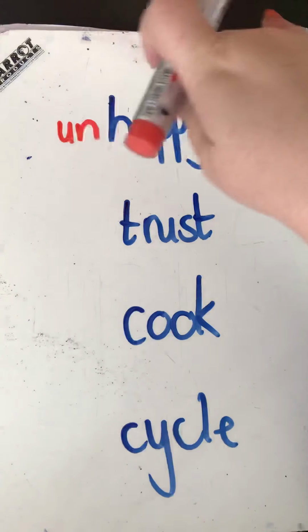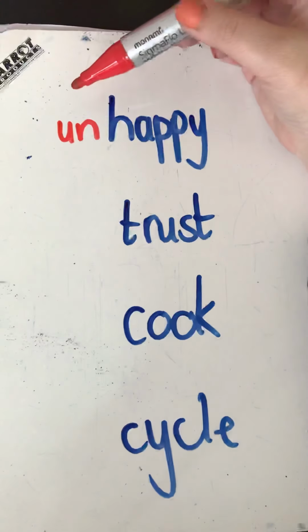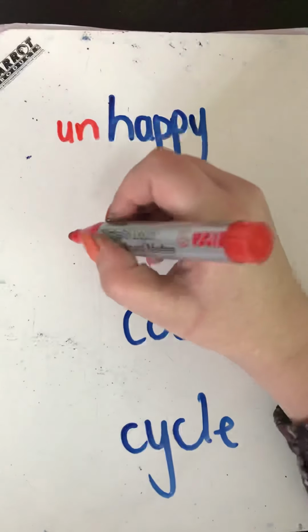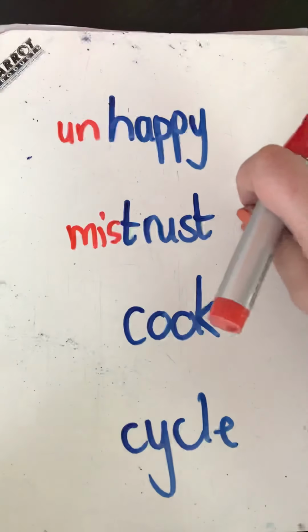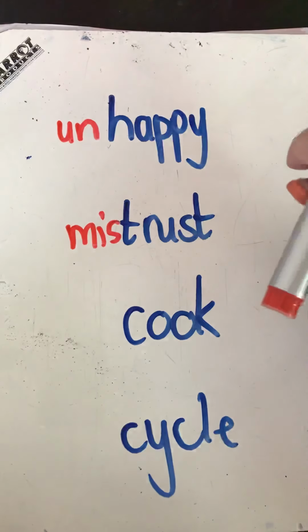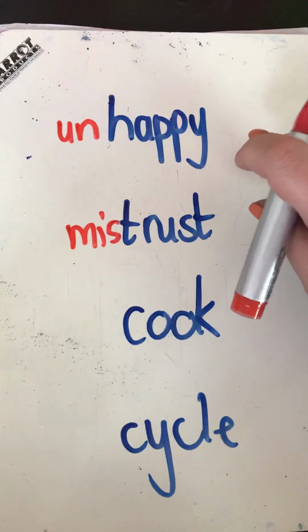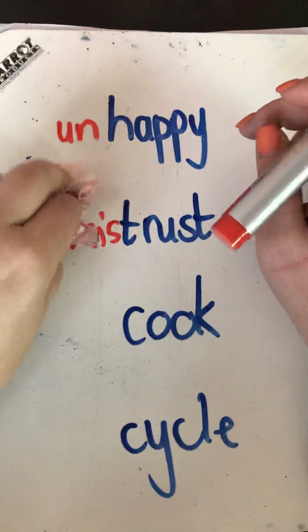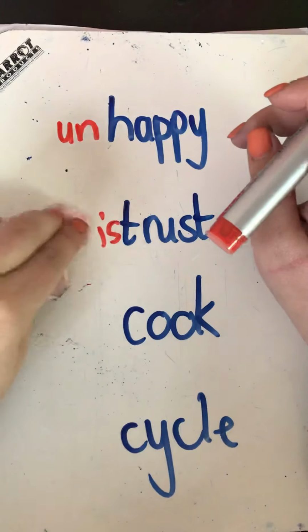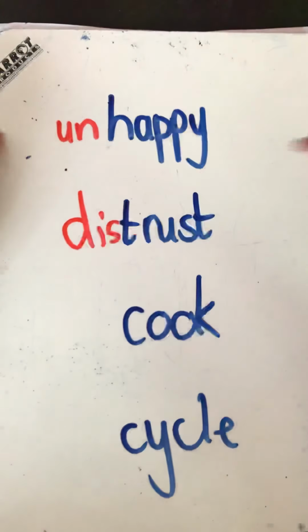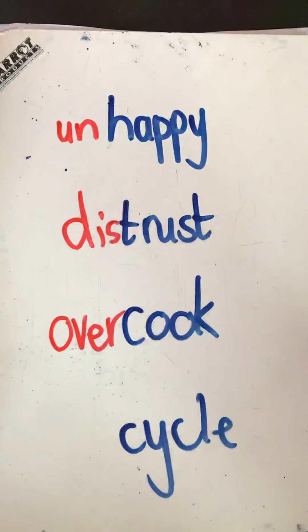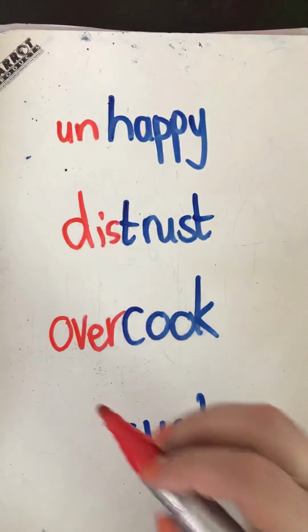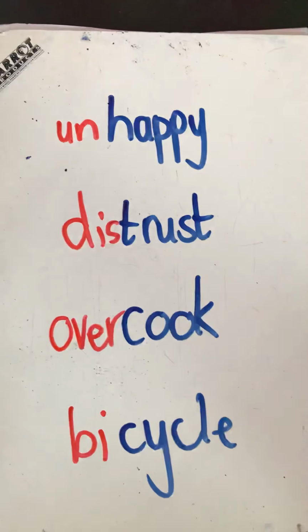It was I'm happy, now it is I am unhappy. What about this one? If I put these three letters in front, I did trust you, but now I distrust you. Cook. If I put this in front, it becomes overcook. Cycle, if I put this in front, it becomes bicycle.